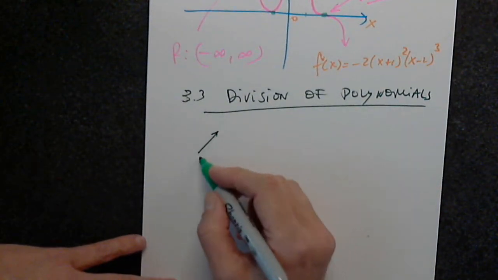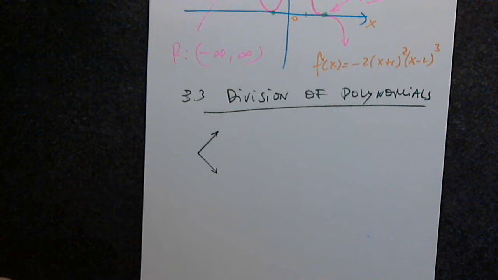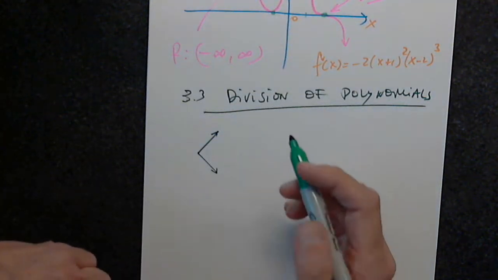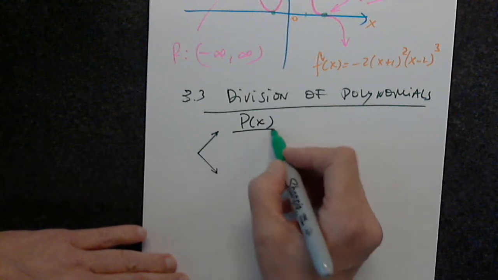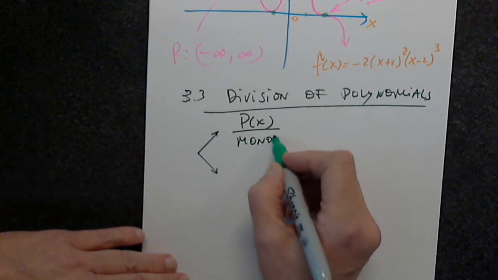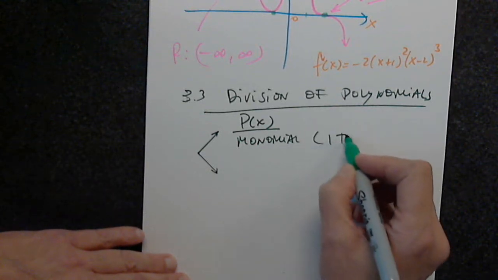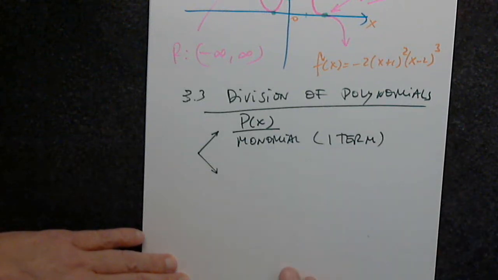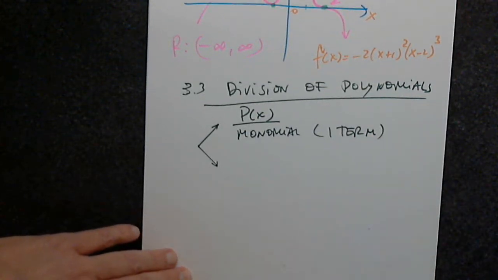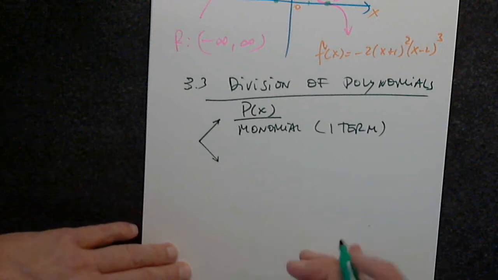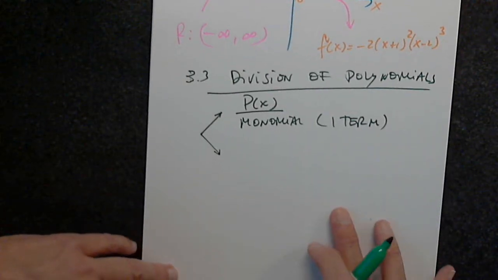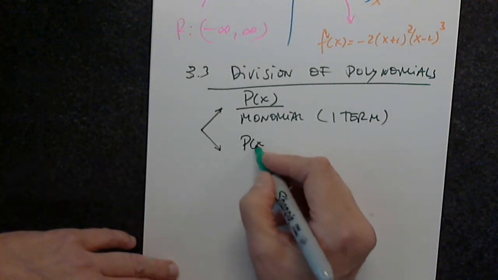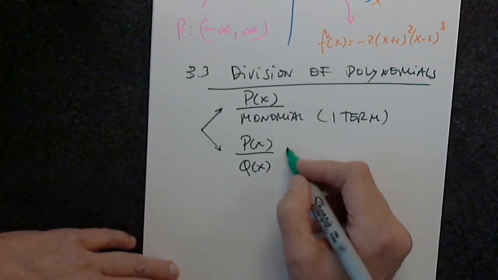One of them is not in the book, but I just want to present it to you because I'm sure you've seen this before and it's very simple. A polynomial divided by a monomial, which means one term. We're going to make up an example in a minute. You're not going to see this one in the book, but you may encounter it. And the other one is a polynomial divided by another polynomial, which is long division.